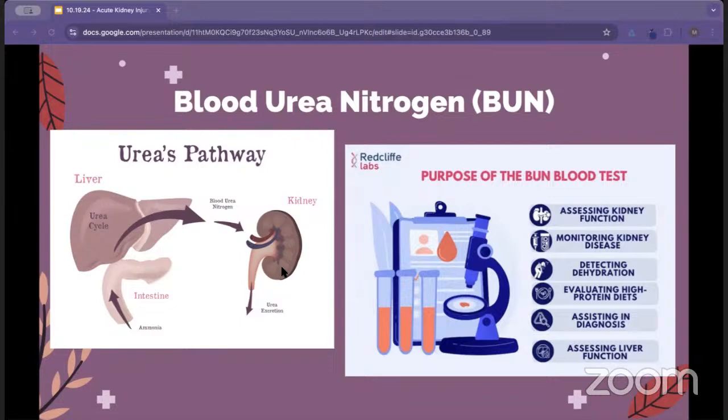Like creatinine, an elevated BUN level would also indicate reduced kidney function, because BUN should be filtered out. It shouldn't be in the blood. So if there's more of it in the blood, that probably means that your kidneys are declining in function. BUN tends to rise much more significantly when there's dehydration or when the kidneys are struggling to clear waste. And a normal range would be anywhere around 7 to 20 milligrams per deciliter.